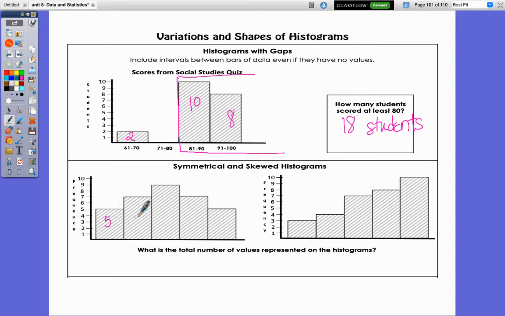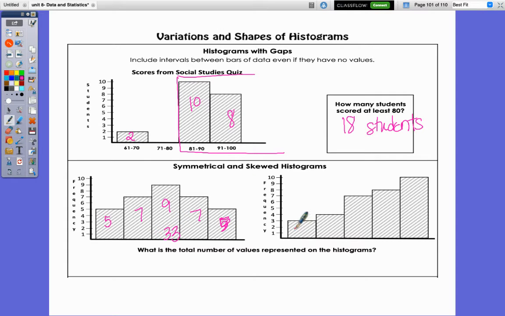So this one has 5, 7, 9, 7, 6. I'm going with maybe 5. I think that's 5. Sorry. So that's 10, 24, 33.